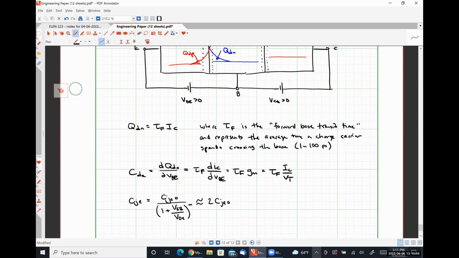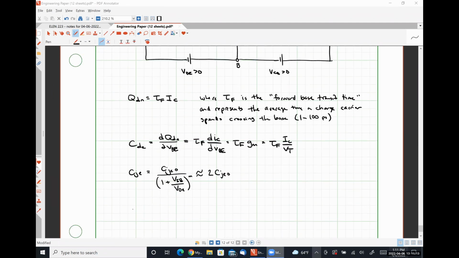Since both of these capacitances are related to the base emitter junction, they appear in parallel. From this, C pi is simply the sum of CDE and CJE.